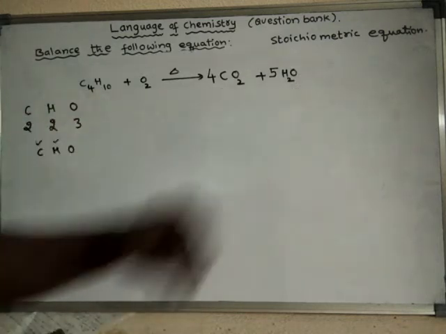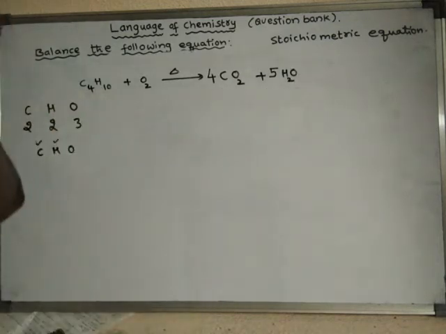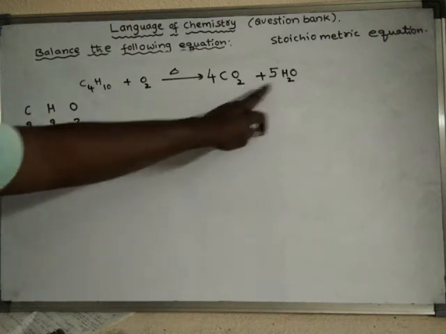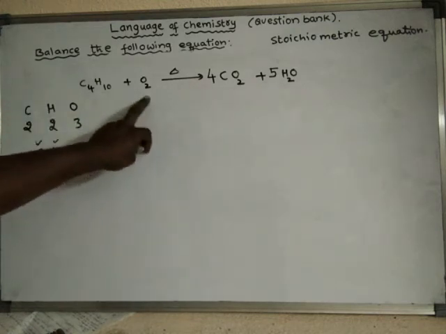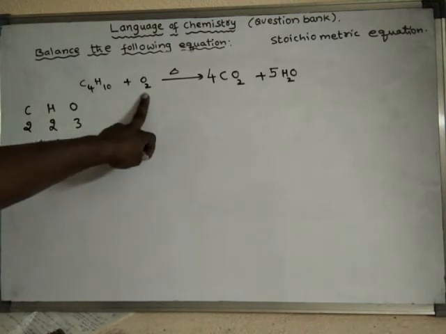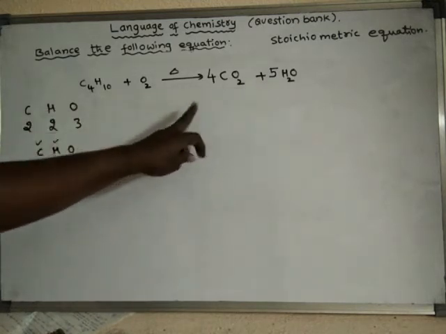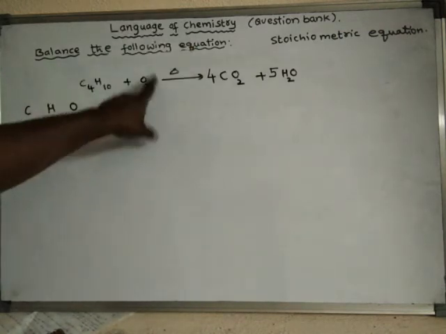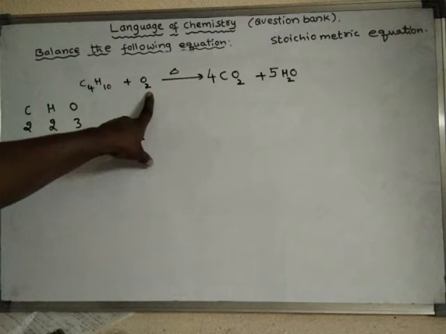So there are 13 oxygens towards this one. That means oxygens are not balanced. If any element is not balanced, and that element is present in the elemental state, then we treat it specially.